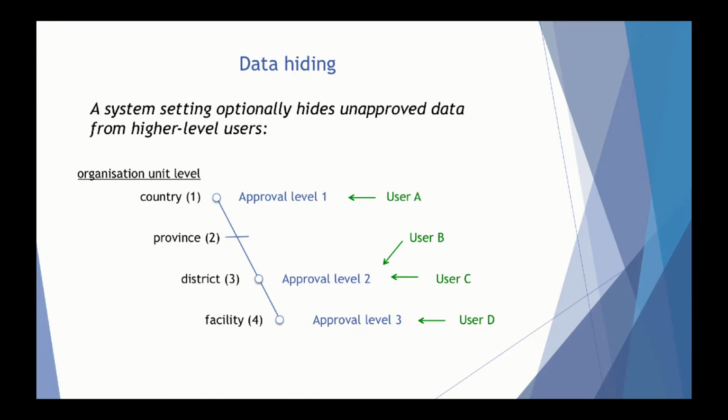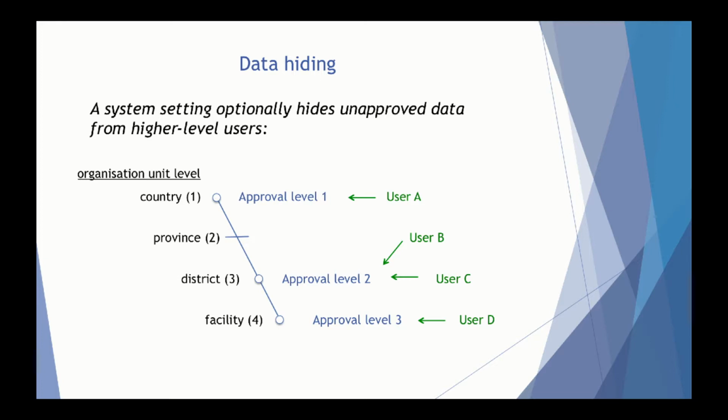So user B might be assigned the ability to approve or accept. Should they be able to approve or accept up at the country level? No, because they're a province level user.